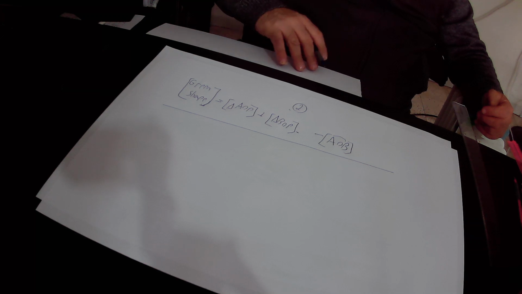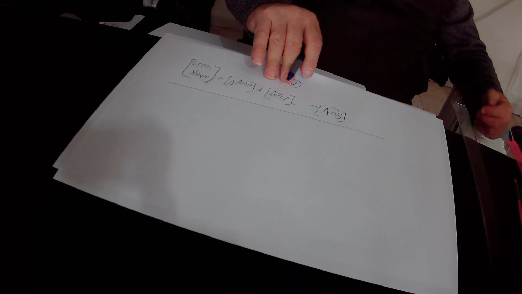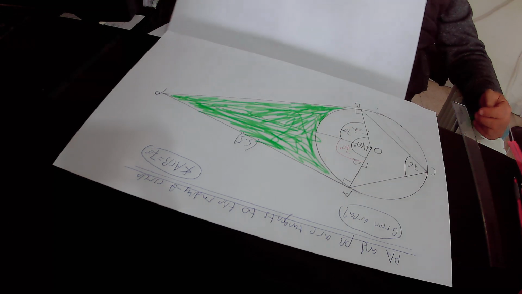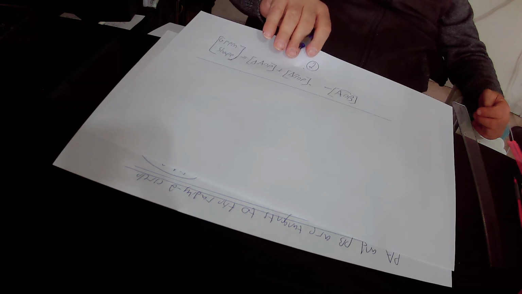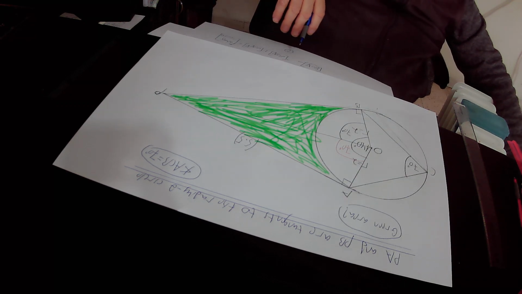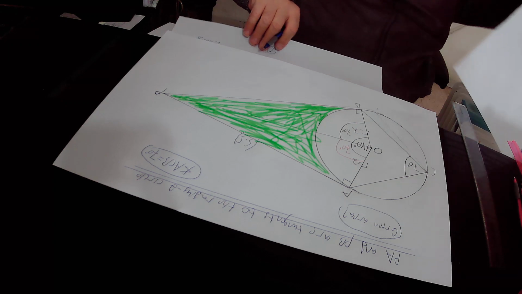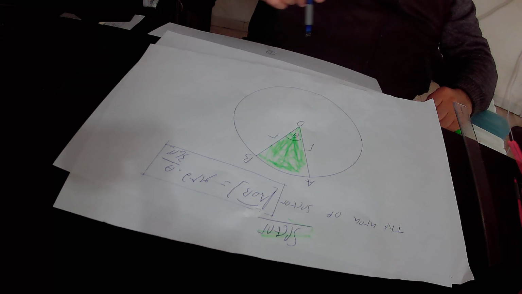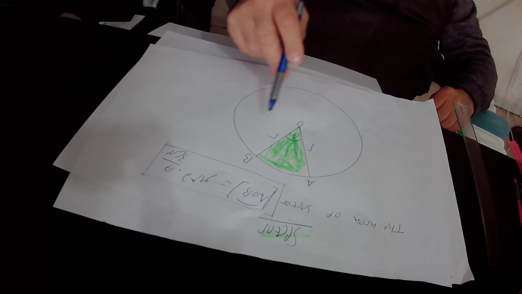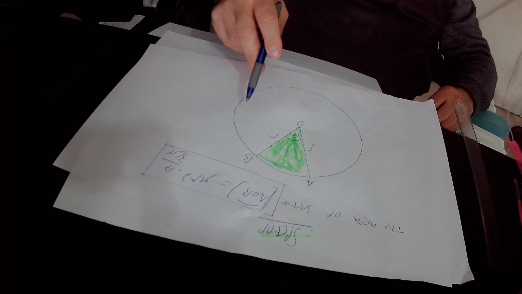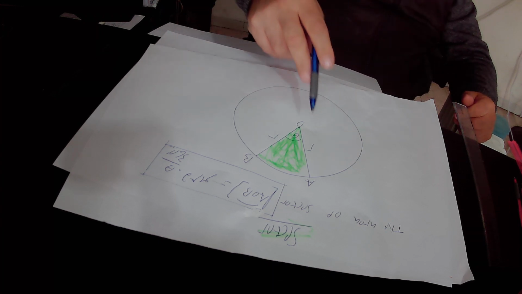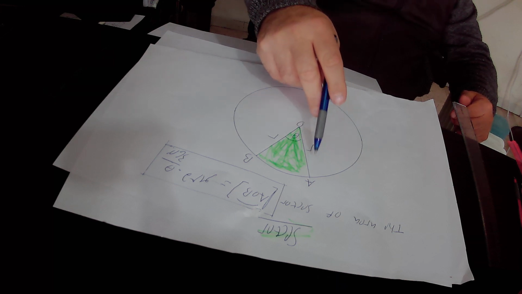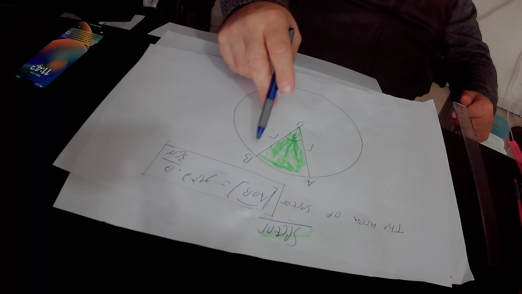So first of all, this is sector AOB. I will explain what a sector is. A sector is part of a circle. The green shape AOB is a sector that is part of this circle. The green sector AOB consists of two legs, the leg AO and the leg BO.